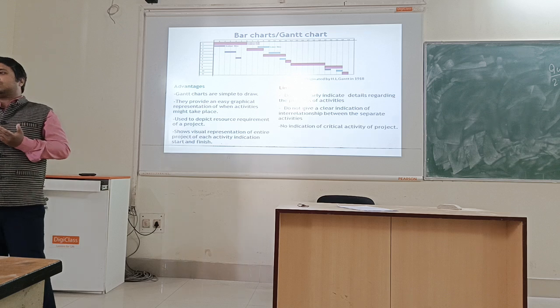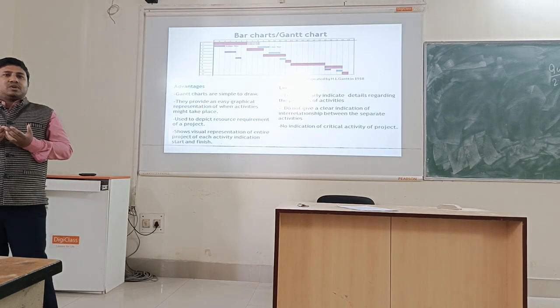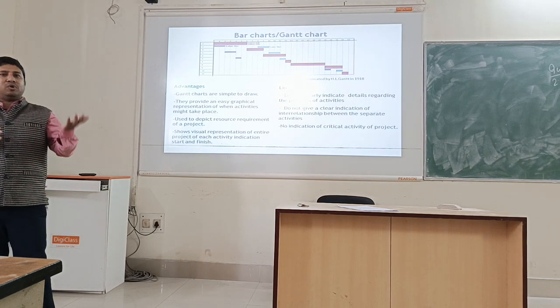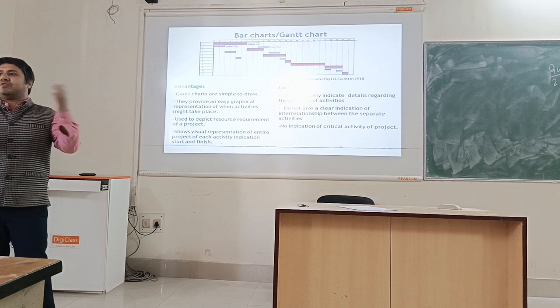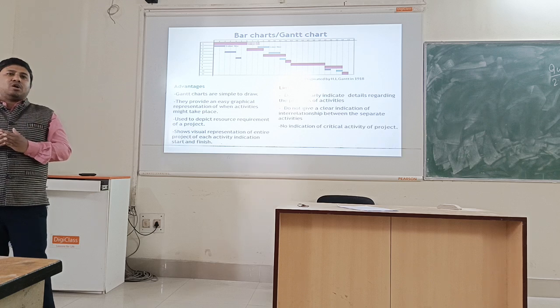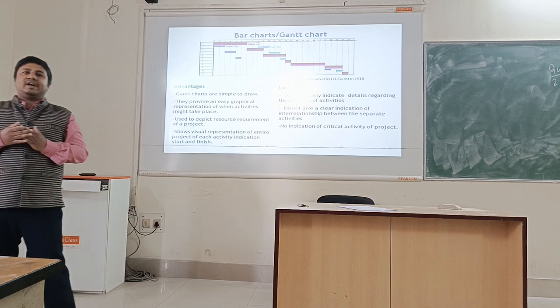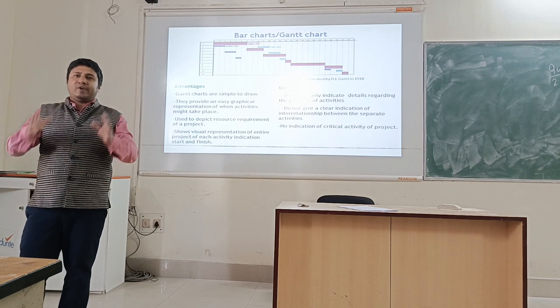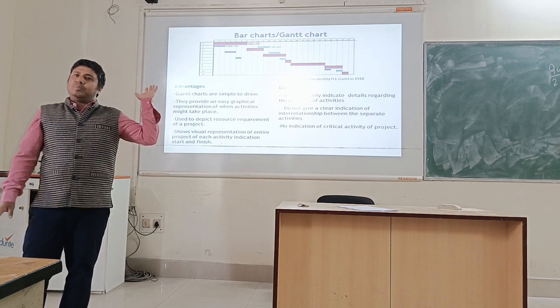These are the limitations of the bar chart. The revised version of the bar chart is the milestone chart, but in the milestone chart we also cannot see the critical activities in a major project. For a small project, we can use this tool.